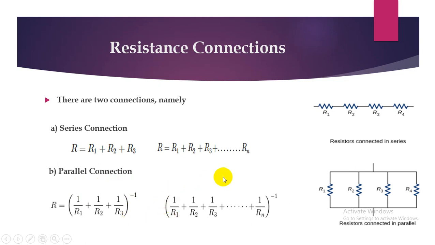If we are connecting n number of resistances in parallel, then the effective resistance value will be 1 upon R1 plus 1 upon R2 plus 1 upon R3 plus and so on plus 1 upon Rn, the whole to the power minus 1.